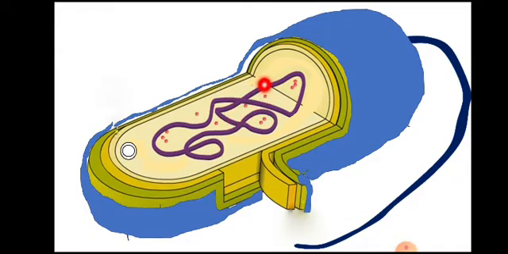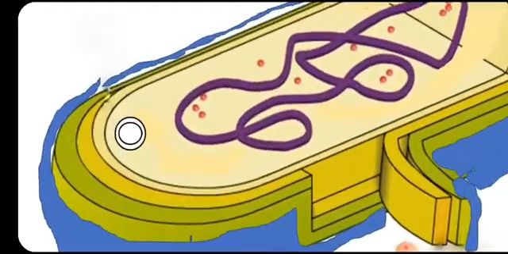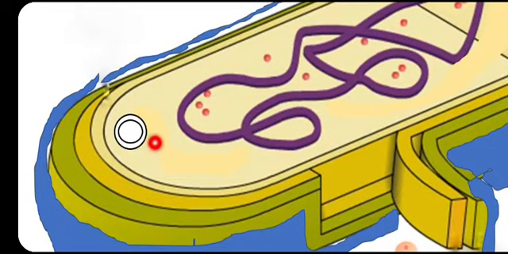This double-stranded DNA is present in all bacteria. But along with that, certain bacteria may have one more covalently closed circular double-stranded DNA. You can clearly see the difference between this DNA and this DNA. The difference is it is of low molecular weight as compared to this nucleoid DNA.